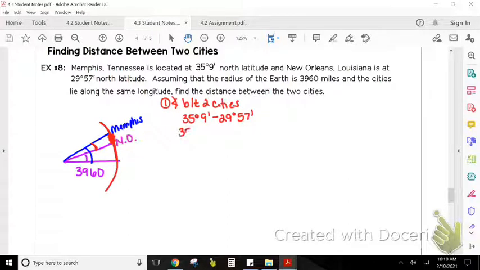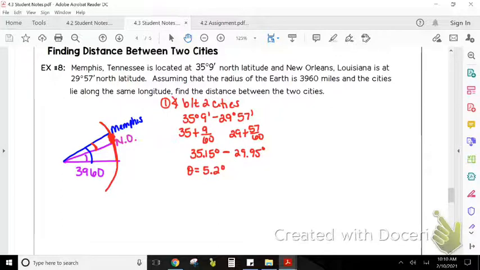I'm going to take 35 plus 9 over 60, which is 35.15. And then we're going to subtract out 29 plus 57 over 60, which is 29.95 degrees. When I subtract them, I'll find that my theta is equal to 5.2 degrees.